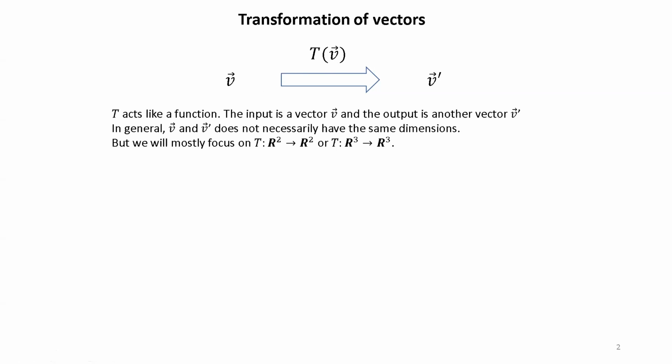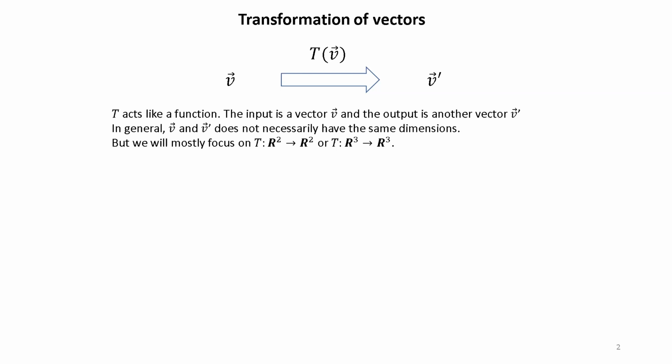Previously, if you learned functions, then the input is a number and the output is a number. The vectors that we can think of can usually be a vector in two-dimensional space, or a vector in three-dimensional space. In general, the input vector and the output vector do not necessarily have to live in the same dimensional space.